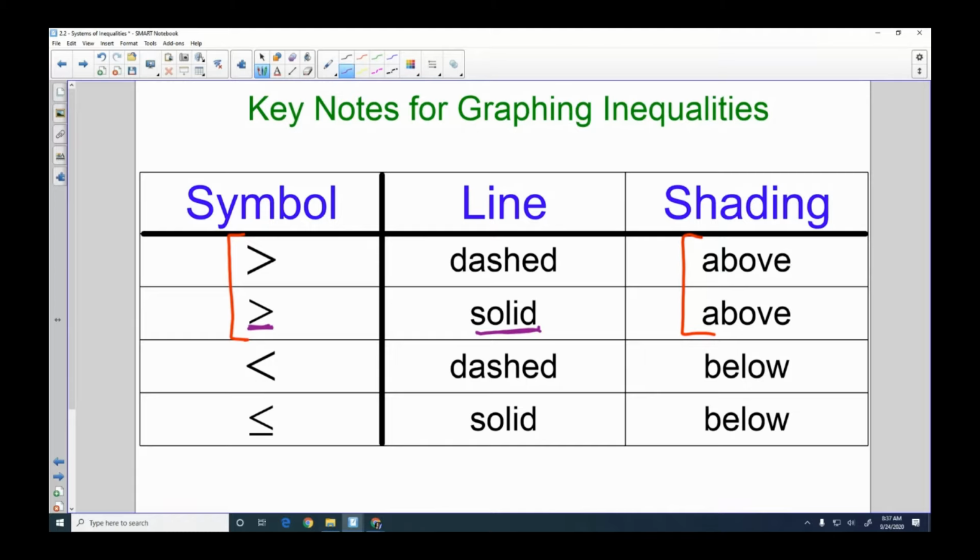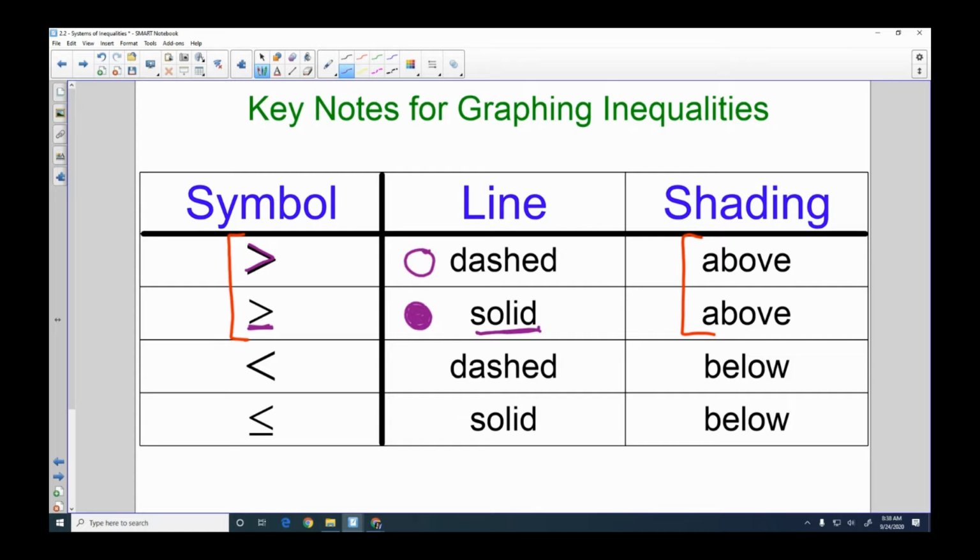This is similar to drawing the closed circle that we had with a single one-dimensional inequality. Whereas if there's no line underneath, if it's just this greater than symbol, we use a dashed line, which is similar to an open circle on the number line. That dashed line means this is the edge of my region, but a point on this edge doesn't count. It doesn't work for my solution.